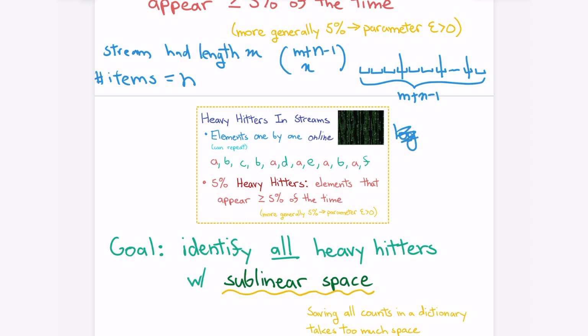So that's the number of different ways, right? And now you know that your computer, if it has k bits, can only output 2 to the k different things, because there are only 2 to the k different strings. So that tells you that you need at least log of m plus n minus 1 choose n.